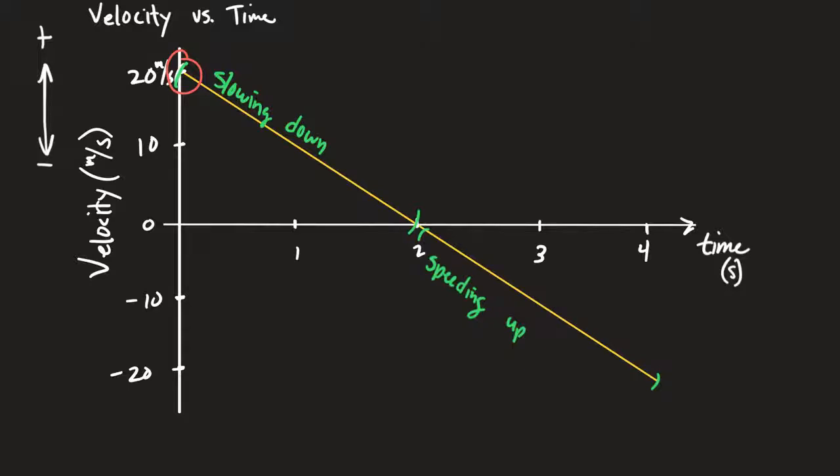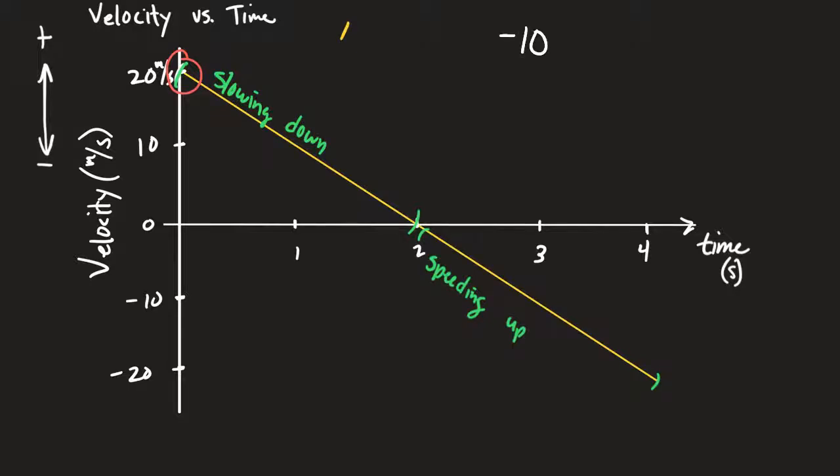Could you calculate the slope of this line? Take a few seconds and calculate the slope of this line. Now, what did I do? Hopefully you found the slope already as being negative 10. Any problem with that? The units, though, to me are very important here.